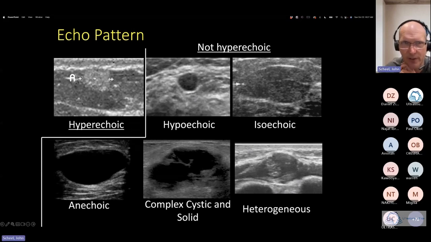Whereas hyperechoic, if it's uniformly hyperechoic, that's a benign characteristic. And so because it's hyperechoic here, round, and circumscribed, that can be dismissed. That's a BI-RADS 2 mass caused by fat necrosis or a lipoma. Whereas not hyperechoic masses, you need a little bit more information.